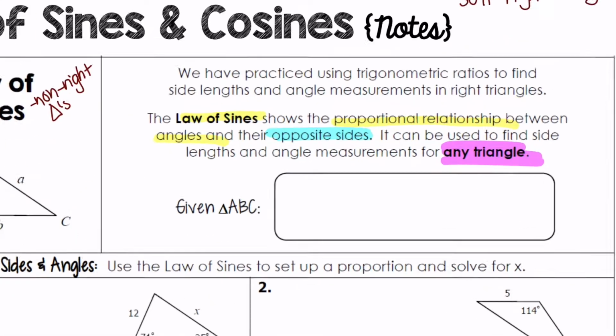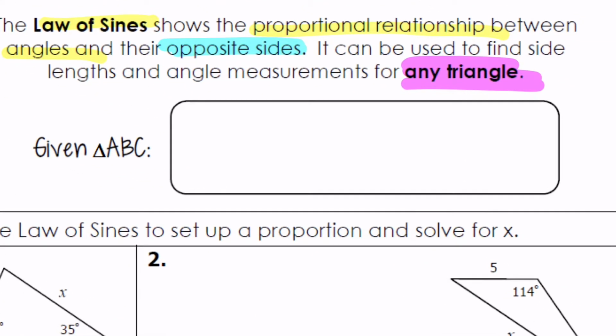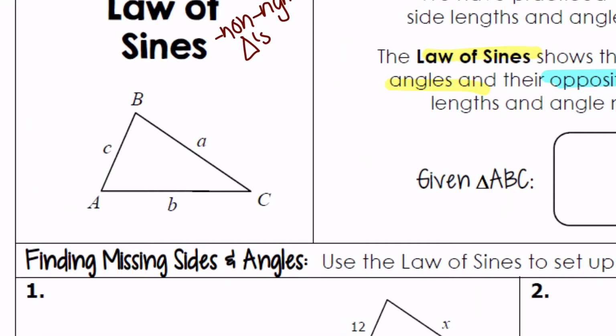Okay? So this law of sines is, if I'm given this triangle here, ABC, where the lowercase of each angle, so if this is angle A, its opposite side is lowercase a.